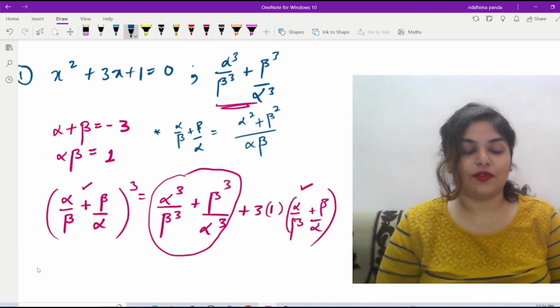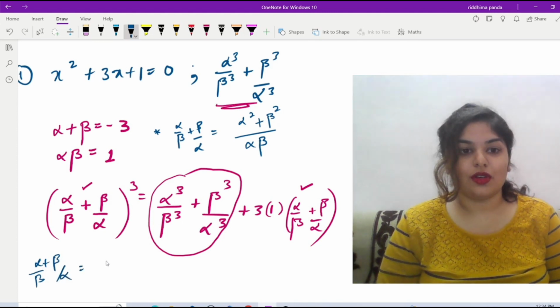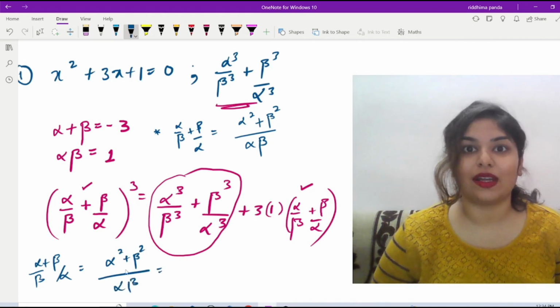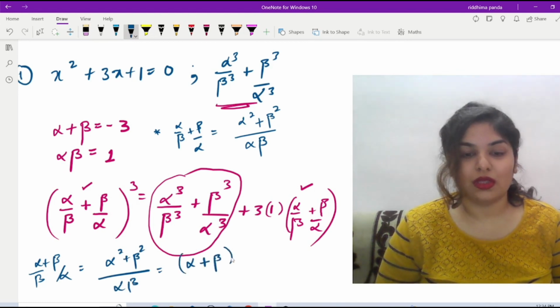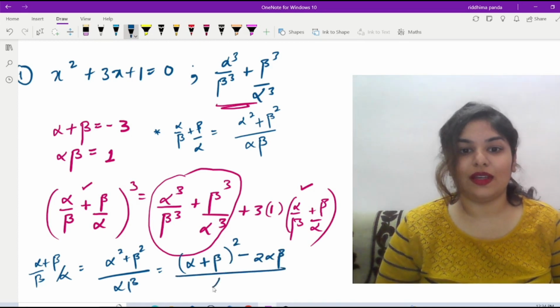Now alpha square plus beta square can be written as follows: alpha plus beta whole square minus 2 into alpha beta, correct? Whole divided by alpha beta.